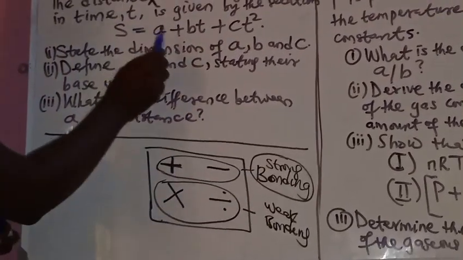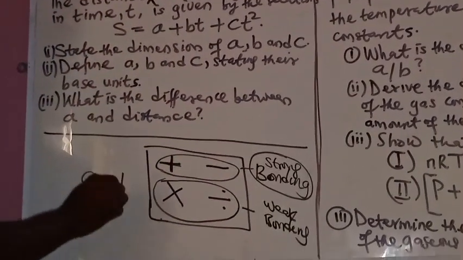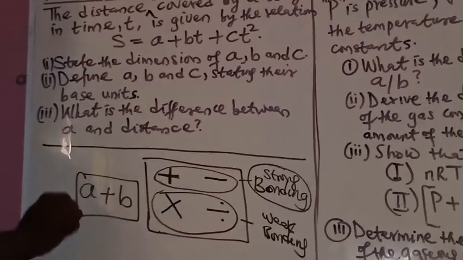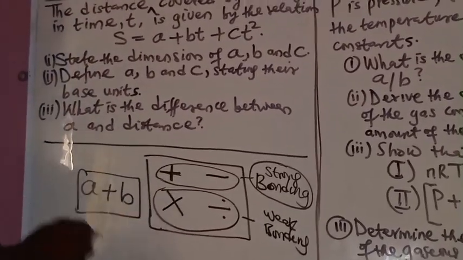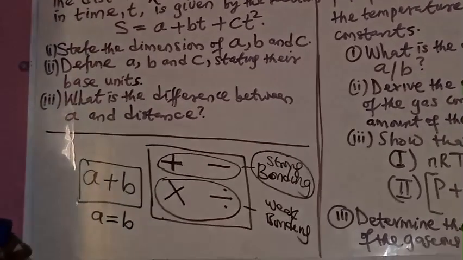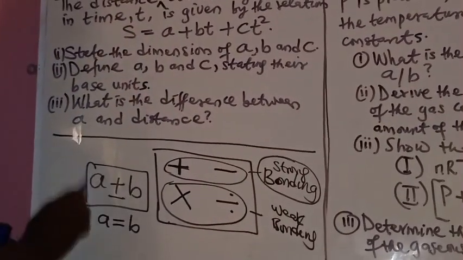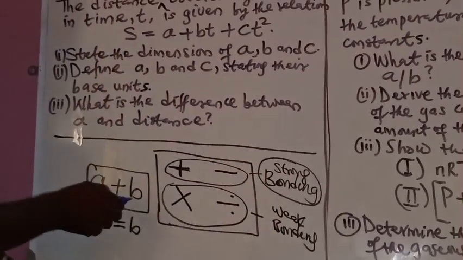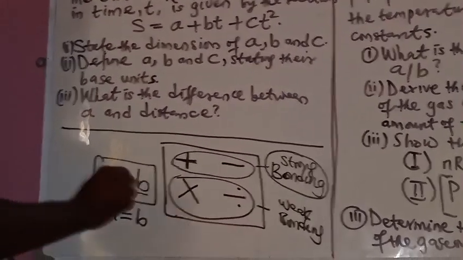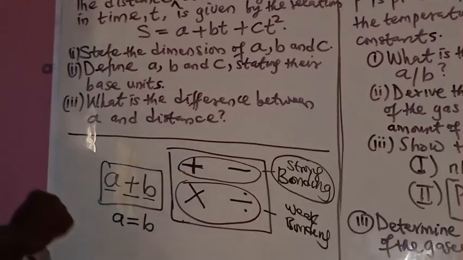And so when you have two things, say A and B, what it means in reality is that for them to have been bonded, they are the same. It means that this A is the same thing as this B, either plus or minus. Take note of that. That means for them to be addable, they are from the same source.